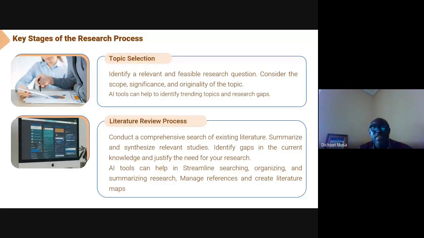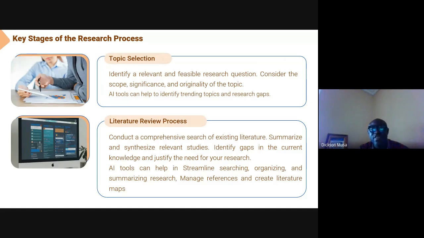And AI tools can help to identify trendy topics and research gaps. Whereas in time past, you had to read a lot of materials, manuscripts, articles in the area of research that you want to work on, for you to be able to draw up your research question and coin your topic.